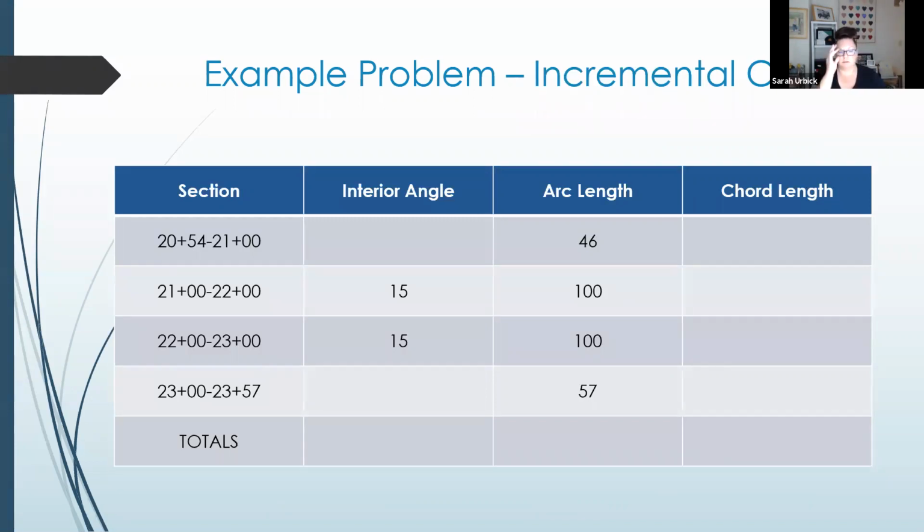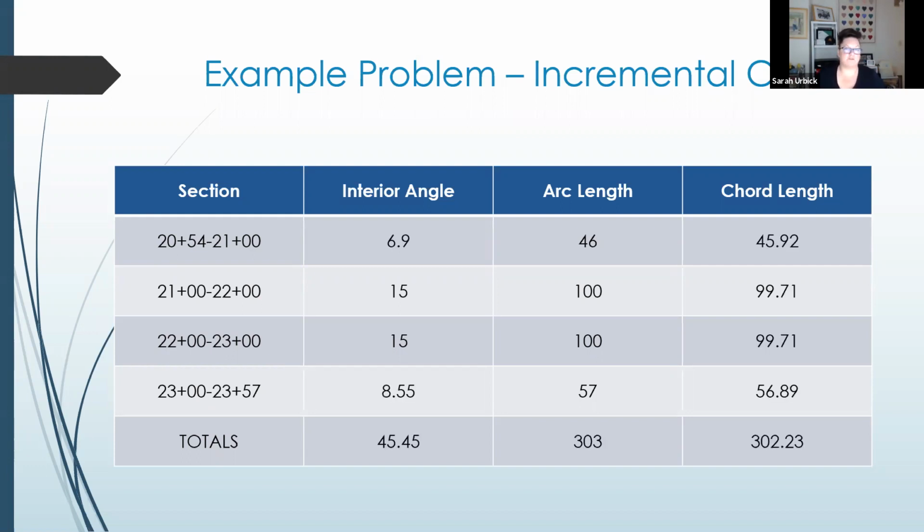So the whole chord length we can find using that formula, because we know that the whole interior angle is 45.45 degrees. So we can find that information just as a double check as well.